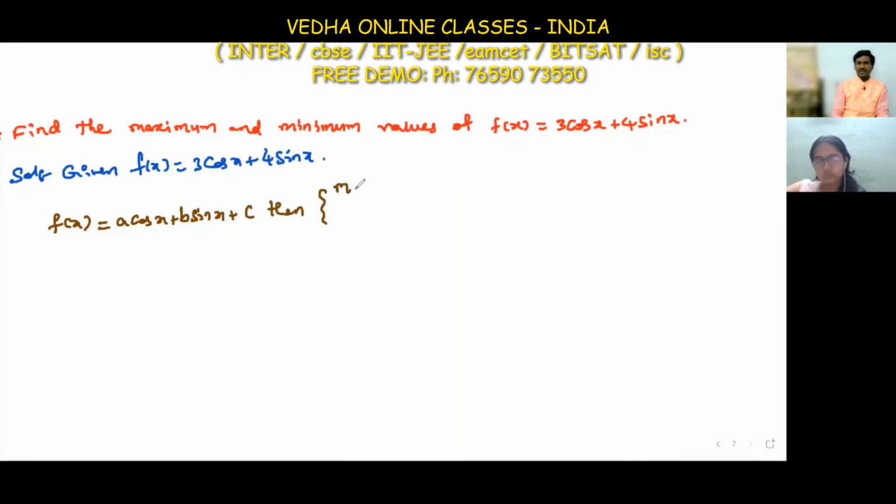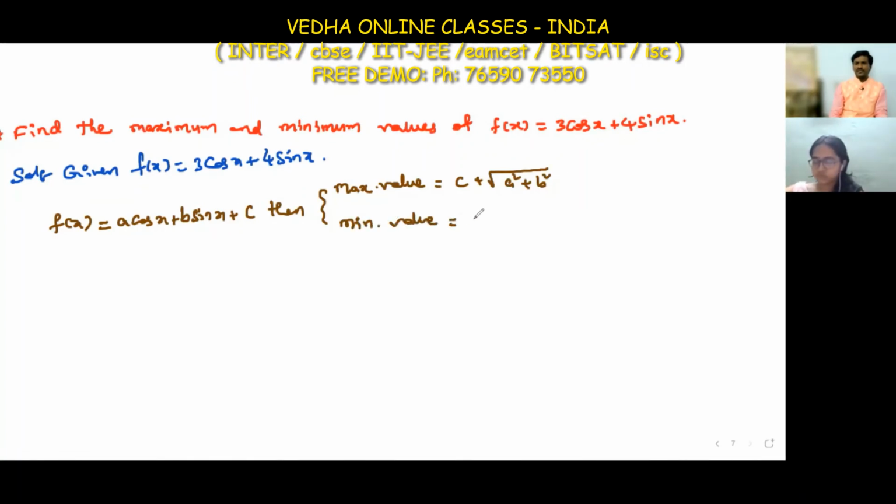what is the formula for finding the maximum value? Maximum value is c plus under root of a square plus b square. What is the formula for finding the minimum value? Minimum value is c minus under root of a square plus b square.